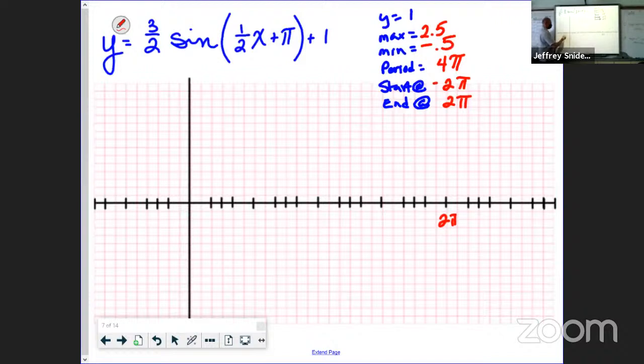0, yep. Pi. So this guy here, negative pi. Is negative pi on here? No, it's not, so I can't do that. And I don't have -2 pi either. What does that mean? That means on my sine curve, I'm missing midline and then what?